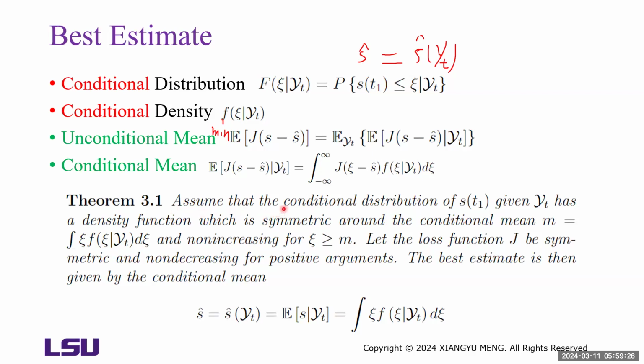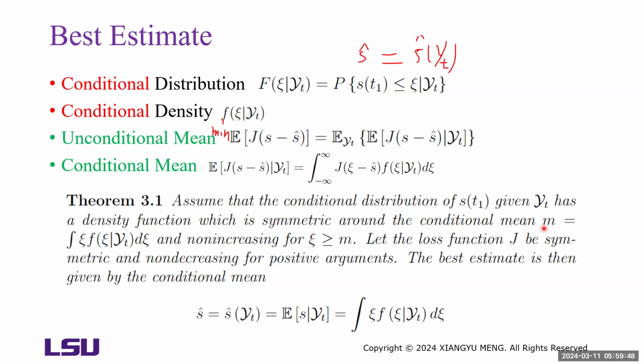Assume the conditional distribution of xt1 given yt has a density function, so that's f(c|yt). The density function is symmetric around the conditional mean.